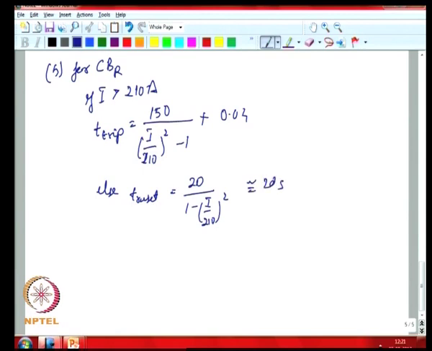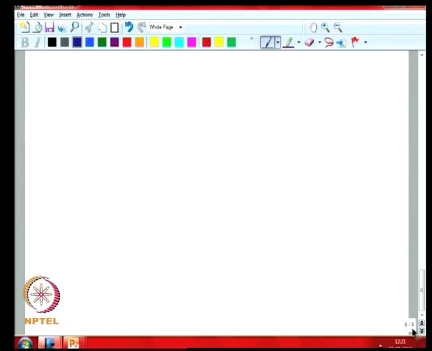And finally, for the fuse, for the nominal fuse, we have, for current greater than the melt current, your I square T is A I melt square.